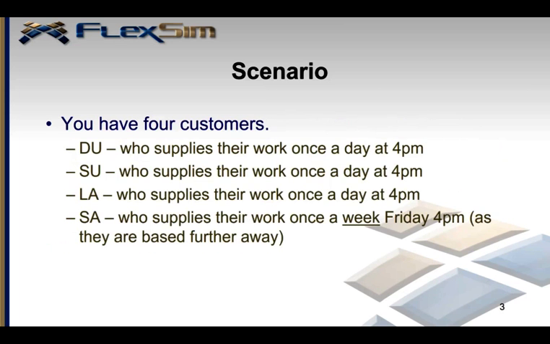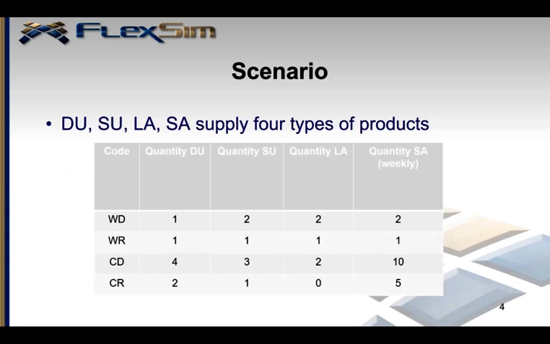Like I say, we've got 4 companies supplying us with products, and each of these companies supplies us with 4 different products. Let's go to the next slide that we've seen before. For example, DU supplies us with 1 WD, 1 WR, 4 CDs and 4 CRs.